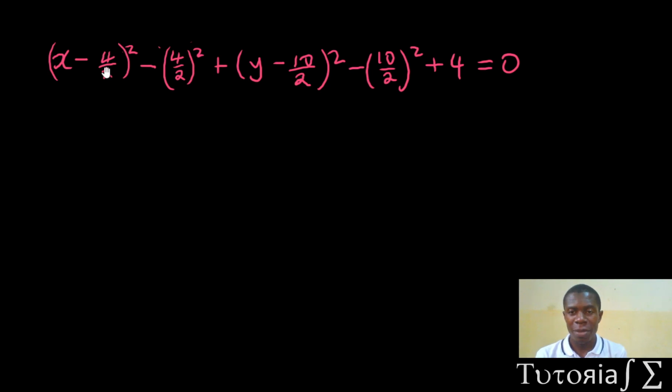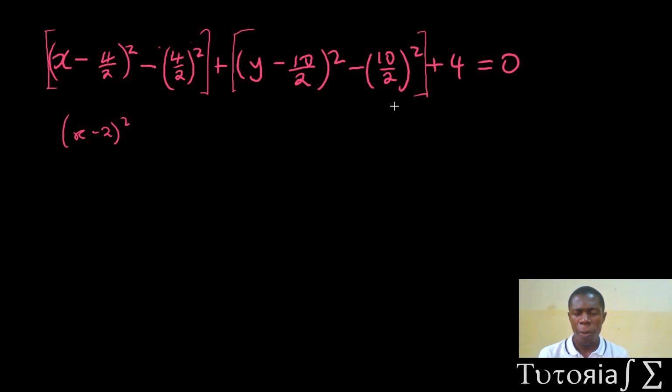All right, now let's simplify. So what is inside here? That will be x minus 2 squared. So remember, if we had factored out, that number would be outside the brackets like that.